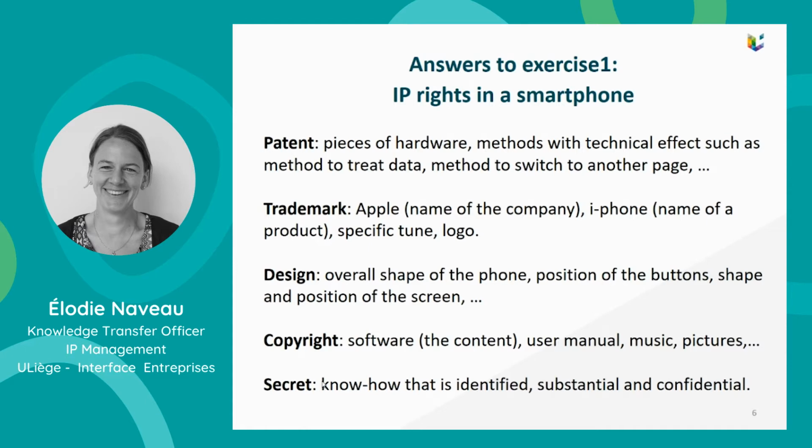For example, if you work in the chemical field and you have a synthesis reaction, and in this reaction you use a specific catalyst. If this catalyst is removed during the reaction, at the end of the reaction, when you obtain the product, you cannot see the catalyst anymore. This catalyst can be kept secret.